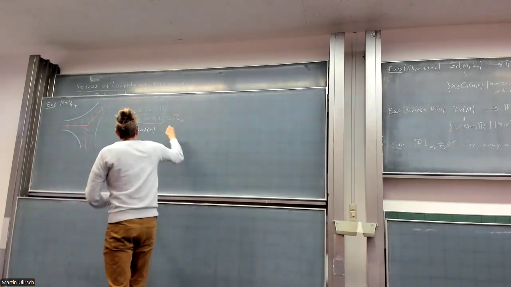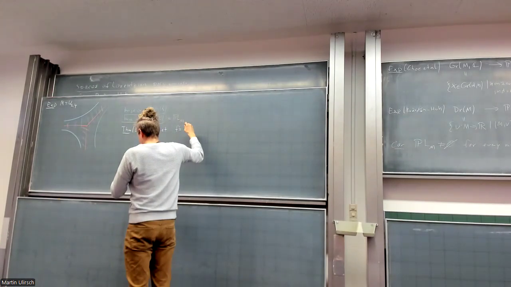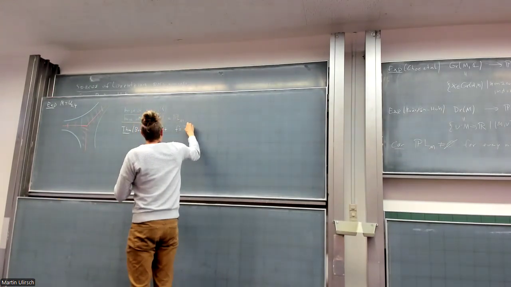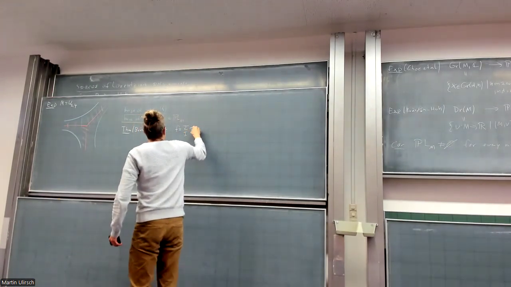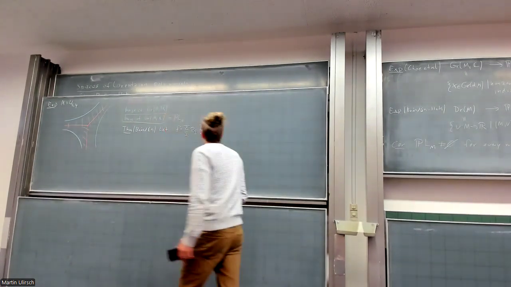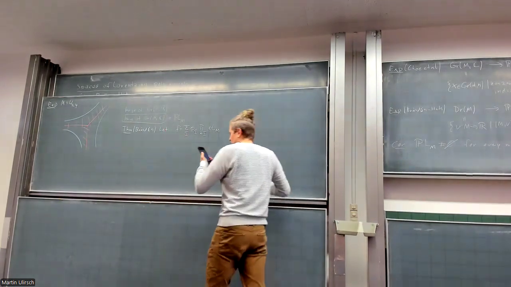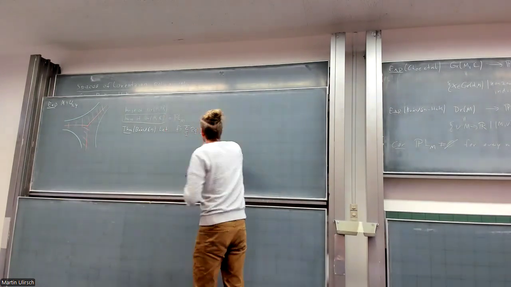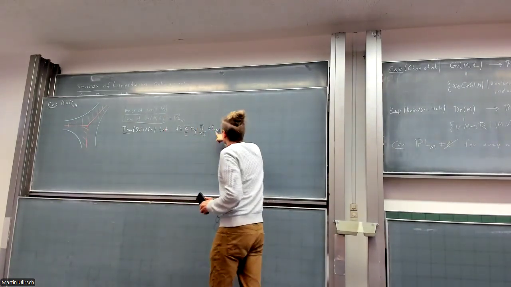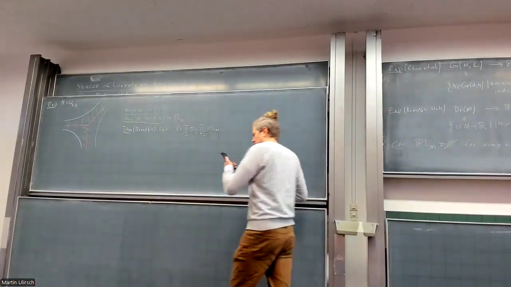This is essentially due to Brändén. So if we have a Lorentzian polynomial, for some matroids these things will satisfy some relations.